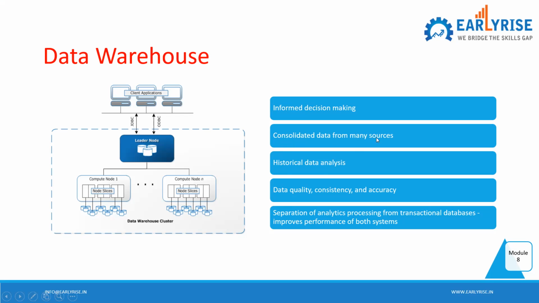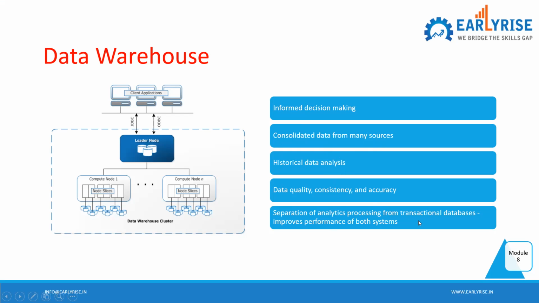It considers data from many sources. It's not from one source; you can consolidate data from many sources and do computation on all of it. Data quality, consistency and accuracy will all be ensured.